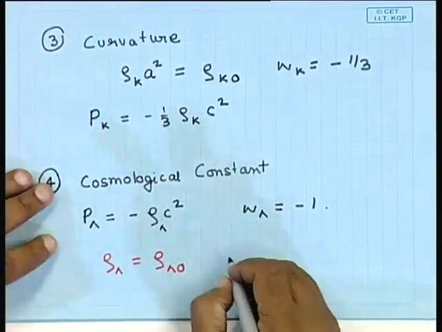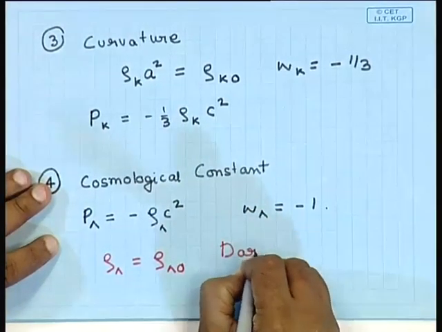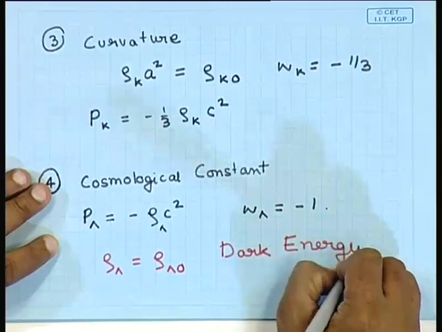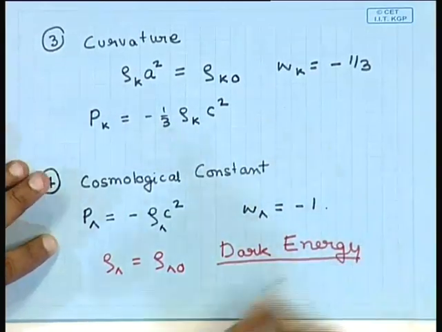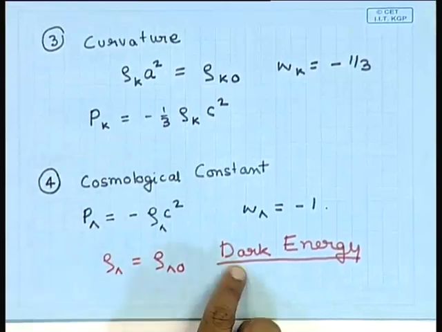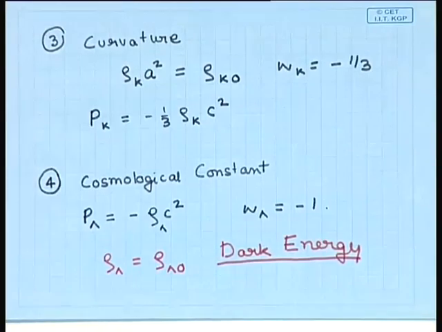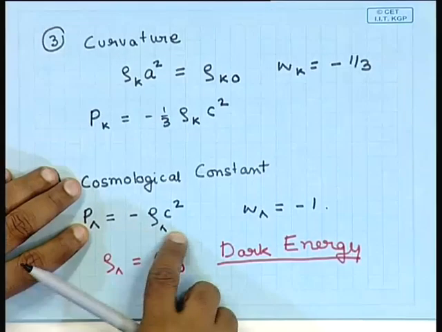Now, there is a component of the universe called the dark energy, which I have possibly mentioned earlier. The cosmological constant is one possible explanation for what we refer to as the dark energy. There are other possibilities. It may be possible that the universe has some kind of real constituent, maybe a scalar field, which fills the universe, which actually has P equal to minus rho c square.